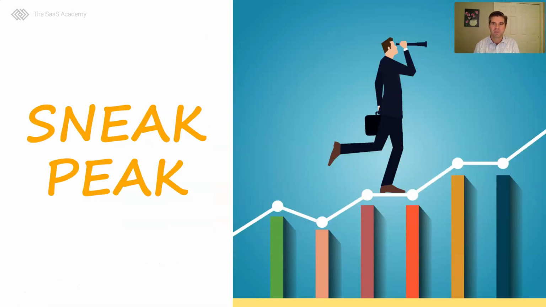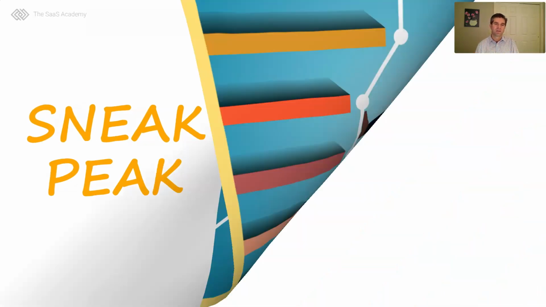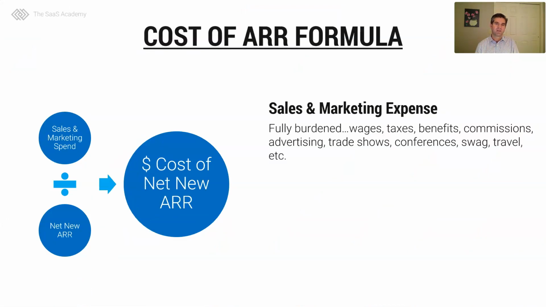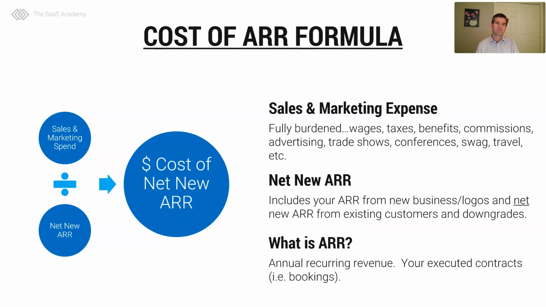So here's a little sneak peek into some of the slides that you'll actually see in the course. The next 5 slides are from my cost of ARR formula, or cost of ARR module, which is one of my favorite metrics. So we'll go through all of these formulas, explanations in plain English before we dive into the details of each one.